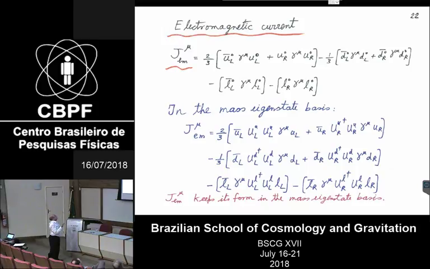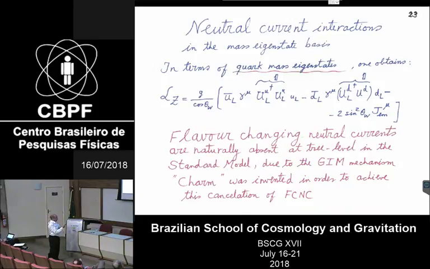I will go quickly now. The electromagnetic current is the same: you do the same, and it becomes flavor diagonal. It is flavor diagonal in the beginning and flavor diagonal in the end, because all these matrices cancel. What is non-trivial, and was a prediction of the standard model, is that the neutral current can be written in this way.